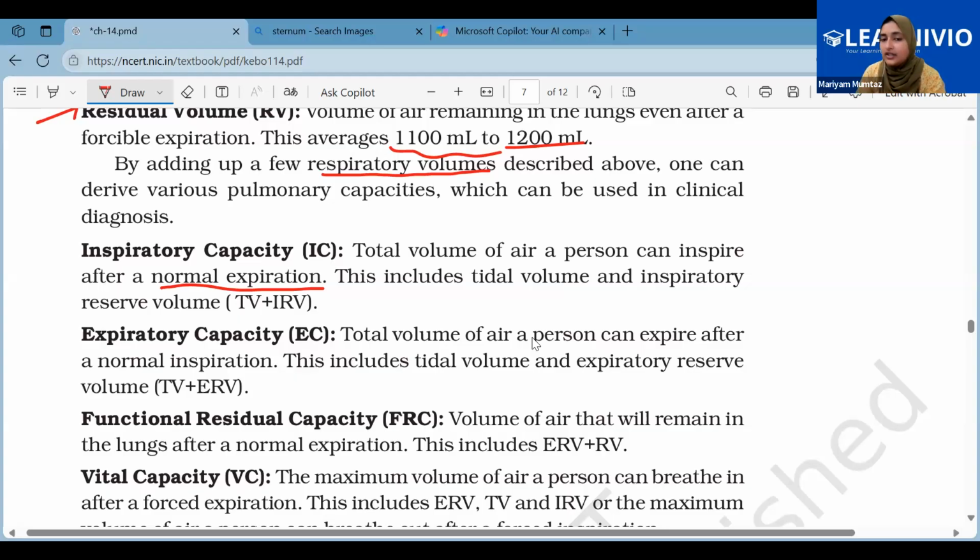It will be a combination of tidal volume and inspiratory reserve volume. This, the combinations, you have to remember. So TV, that is tidal volume, and IRV, that is inspiratory reserve volume, is equal to inspiratory capacity. This is the amount of air that you're going to breathe in after you've normally breathed out.